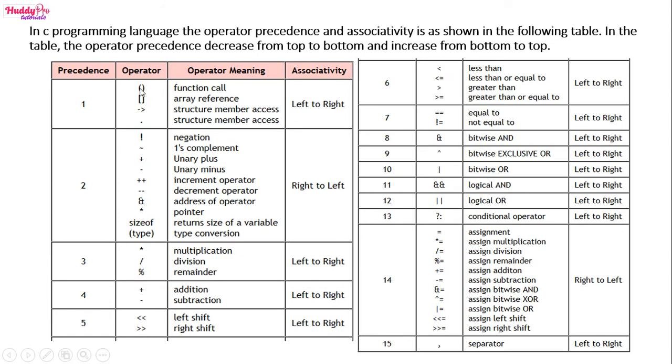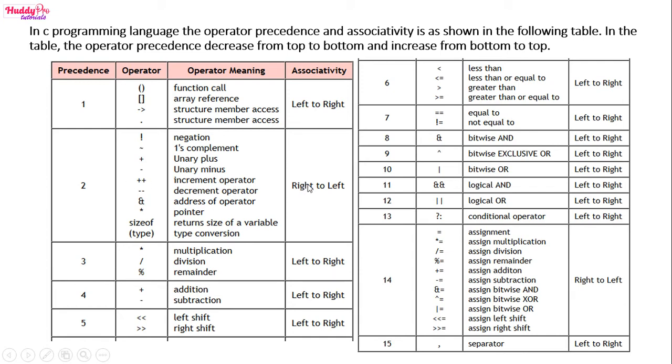So these operators have the first priority, these ones have the second priority, or a lower precedence than these ones, up to the comma operator. So the brackets, the function calls, arrow, and so on have the highest precedence, and their associativity is that they are evaluated from left to right.